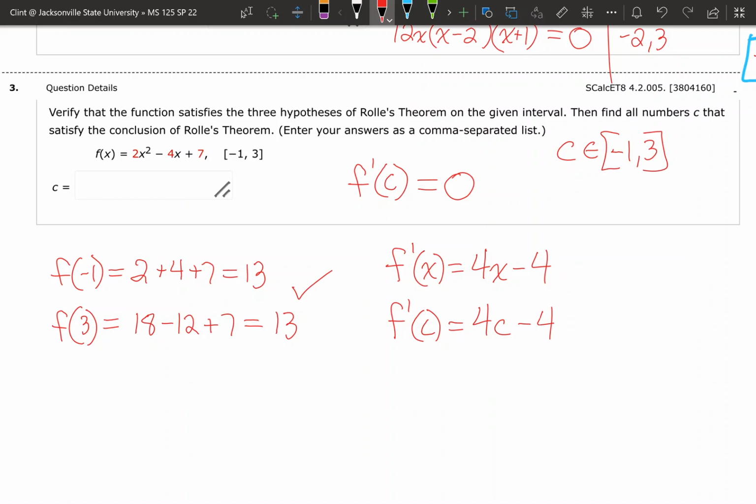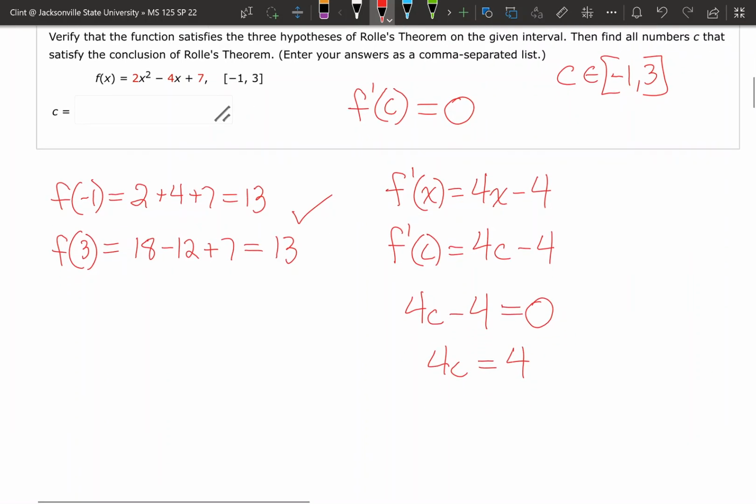So we just set it equal to 0 and solve. Because of Rolle's theorem, 4c minus 4 has to equal 0. So 4c equals 4. So c equals 1. And that is in the interval -1 to 3.